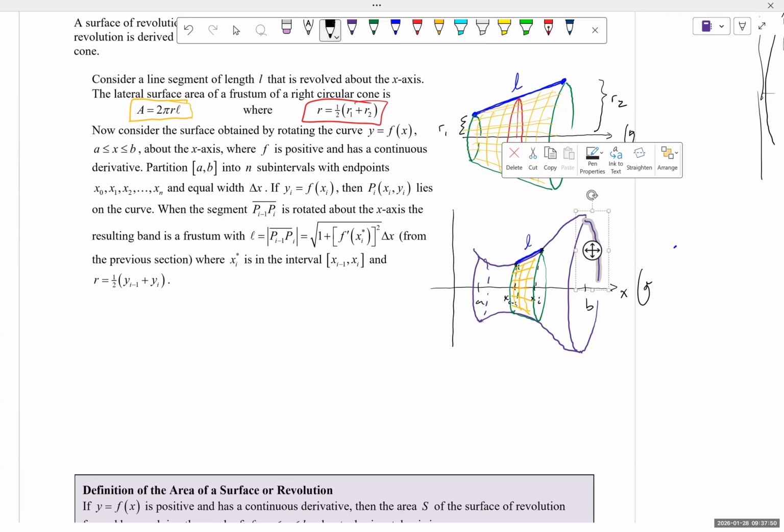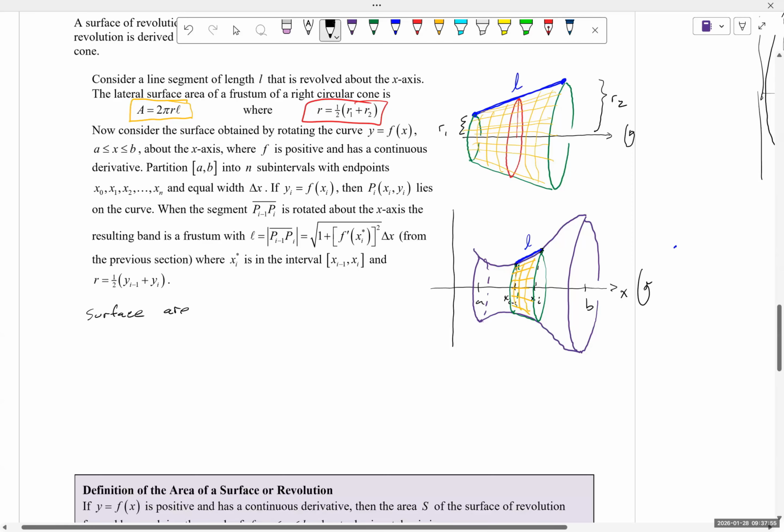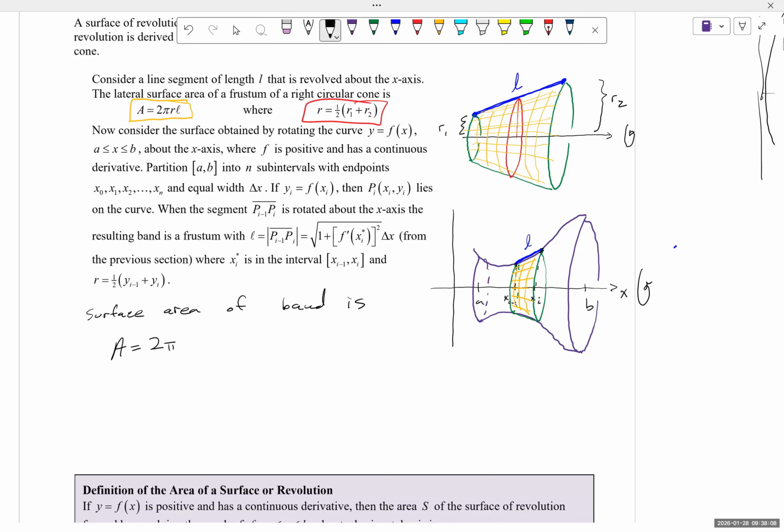So let's just say surface area of band is A equals 2 pi, and I need this radius, right? You guys remember up above, that red radius right there was R?